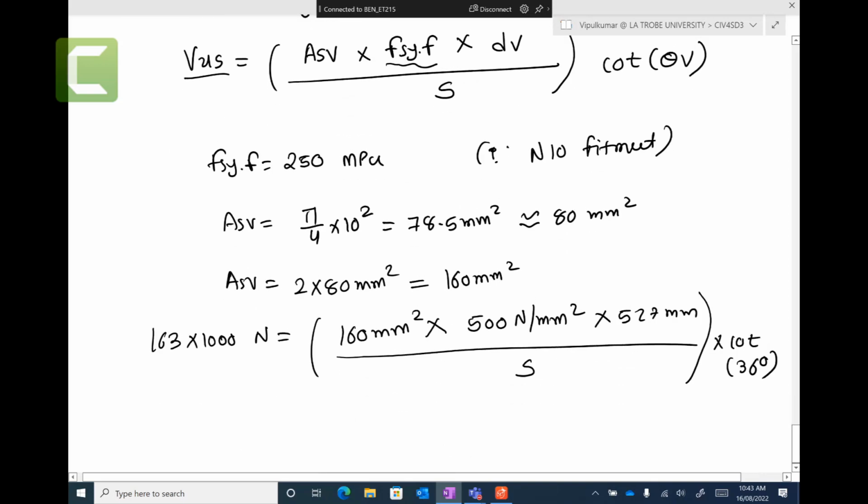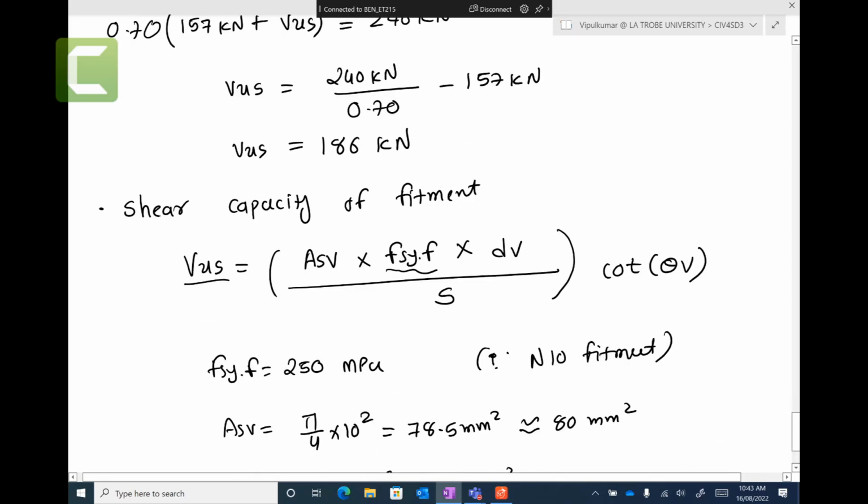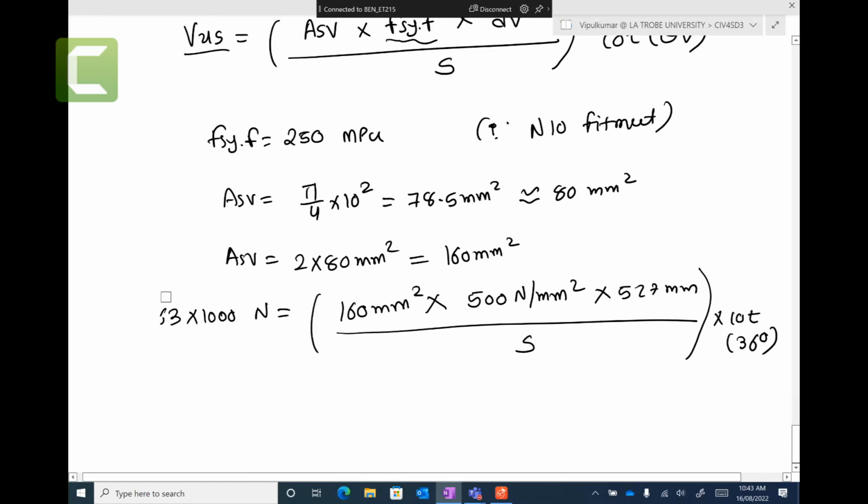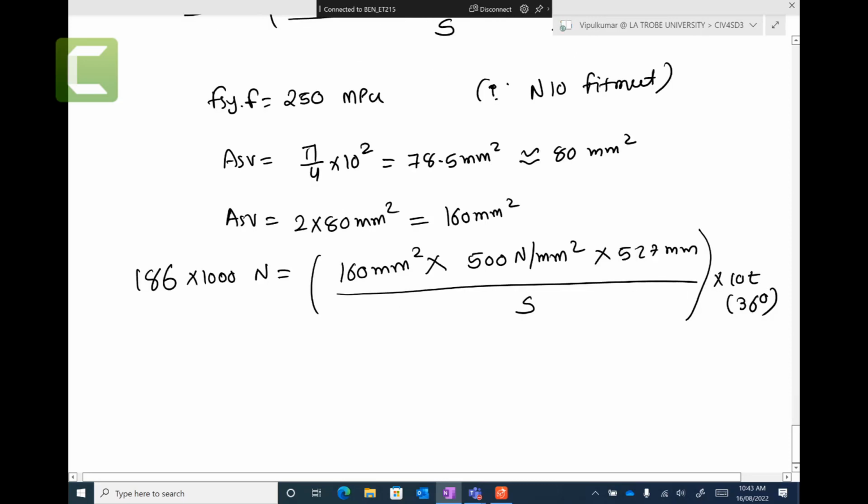Here you get VUC 186. So let's say 160 times 500 times 527 divided by 186 divided by 1000 times 1 divided by 1036. You get, still it's high.